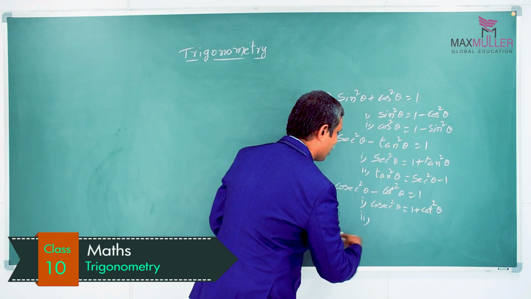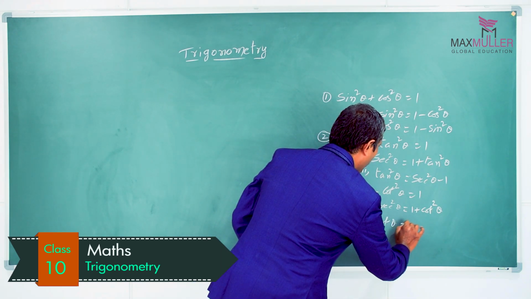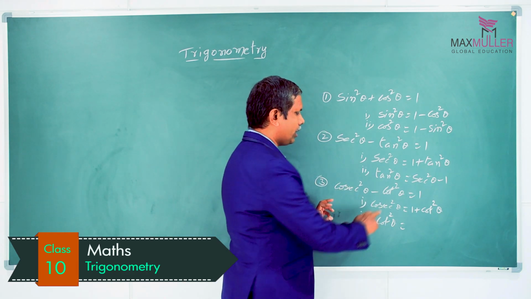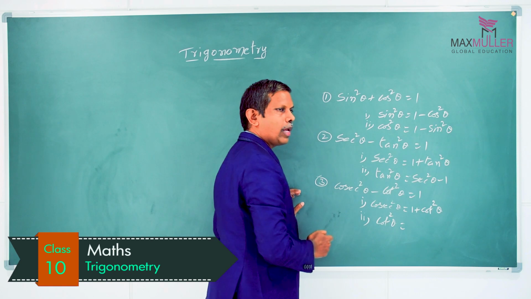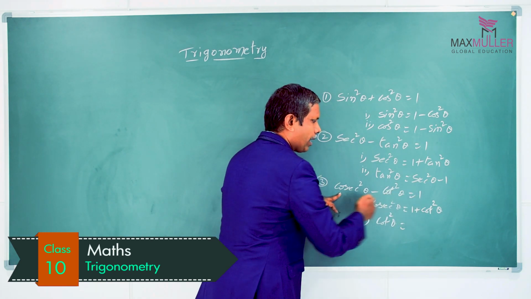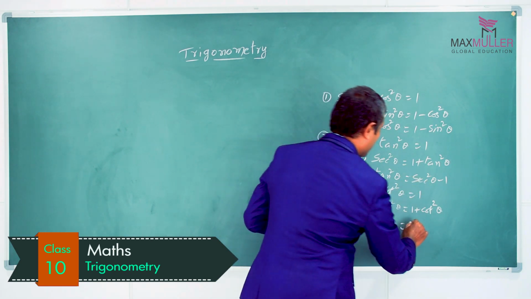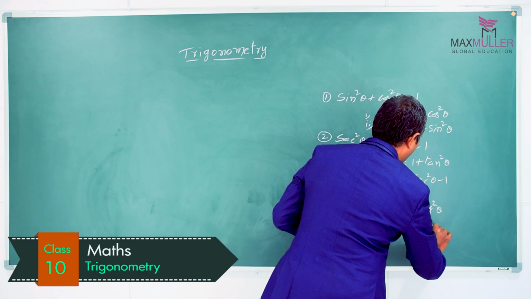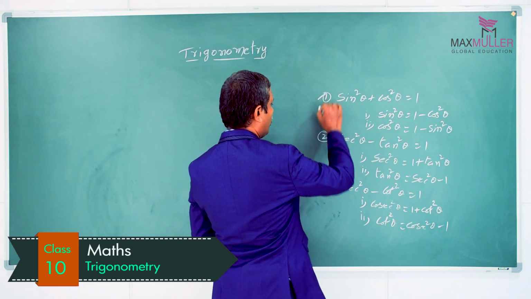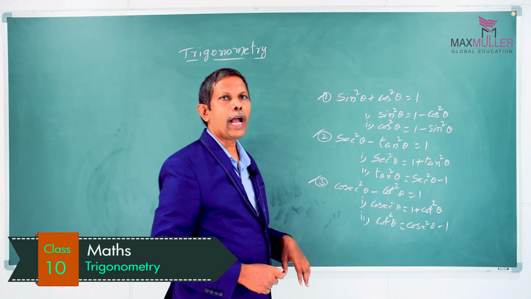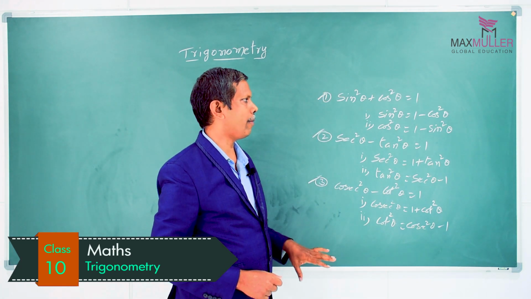And the second one, transfer cot square to the RHS and this 1 to the LHS. So cosecant square theta minus 1 is nothing but cot square theta. So these 3 are said to be identities in trigonometry.